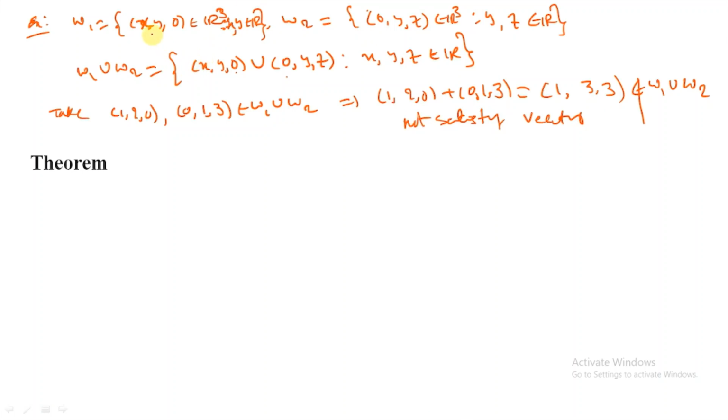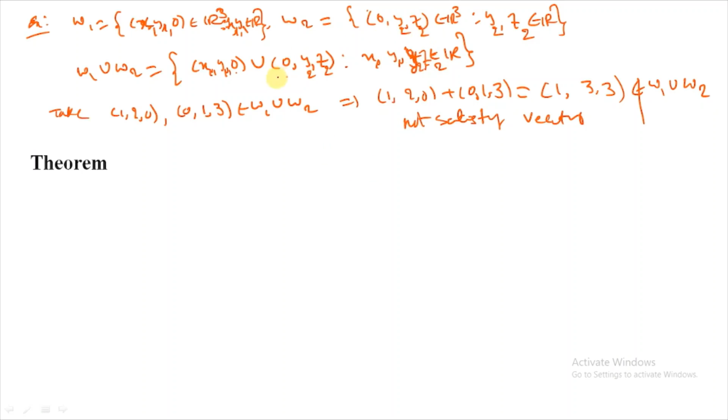Okay, better to take (x1, y1, z1) and two different ones, (x2, y2, z2). So two different elements, that's why I'm writing x1, y1, z1, x2, y2, z2 belong to R. All are different elements.